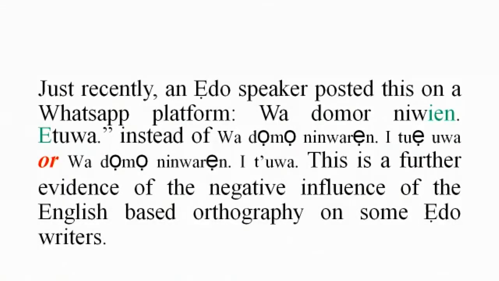Just recently, an Edo speaker posted this on a WhatsApp platform. They were saying, "Wadomo mean wine." That was what he intended to say. But you see, in green there, the I that English uses to say I is what is put there to be pronounced as mean wine.